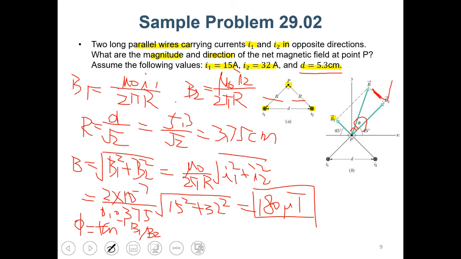Because mu 0 and 2 pi r can be cancelled, B1 over B2 is nothing but I1 over I2. So it is the arctangent of 15 over 32, which is 70.1 degrees.